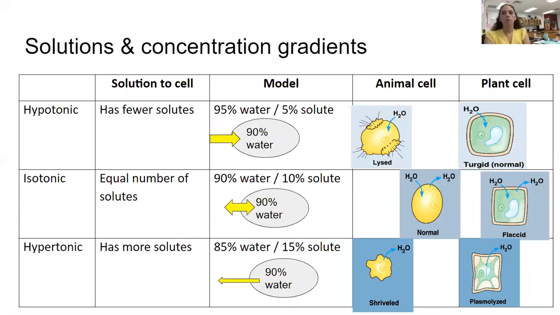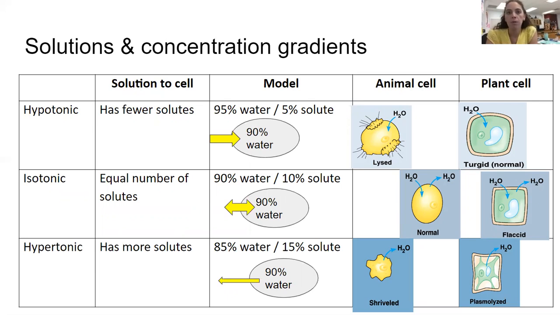With our concentration gradients, things having high concentration or low concentration, we've got three terms used to describe those solutions and the concentration gradients of them. There's a hypotonic solution. Hypotonic has fewer solutes. So if we look at our model or example, our outside solution is 95% water and 5% solute.